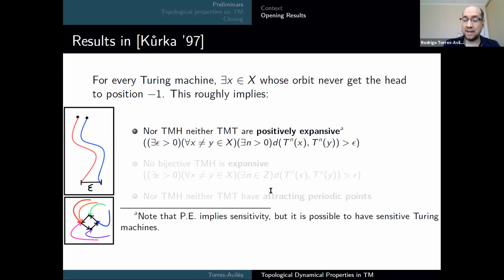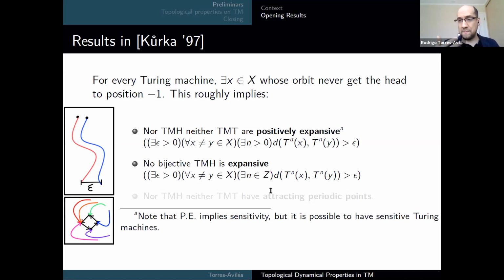The first one is that neither TMH nor TMT can be positively expansive. If we have two different configurations whose difference is in the left part of the tape, they can never be differentiated in time, because the whole evolution is done in the right part. The same happens with bijective TMH, but with expansivity.